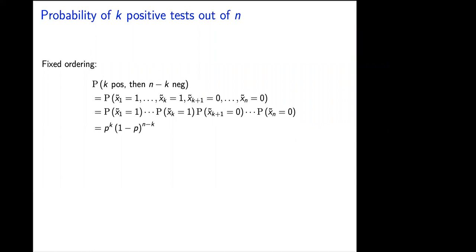So this ends up being p to the k, because there are k examples of x equals 1, times 1 minus p, the probability that x equals 0, to the n minus k, which is the number of the other examples. If we look at every possible ordering, which we talked about with n choose k, we multiply that by the probability for an arbitrary fixed ordering of having k positive examples.